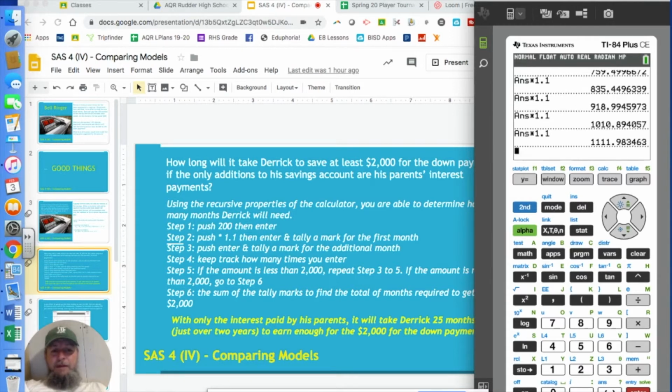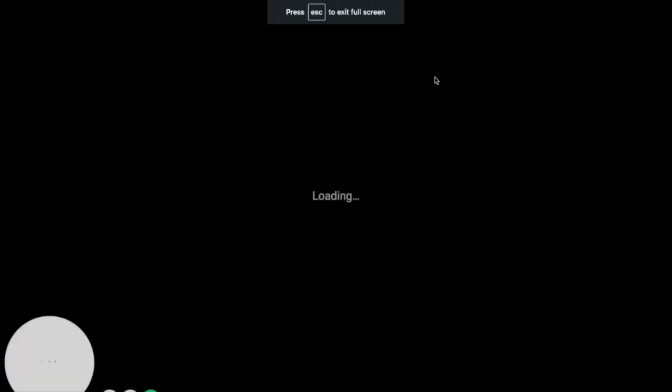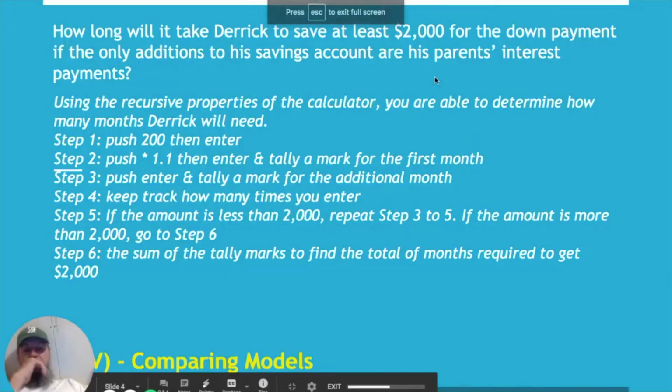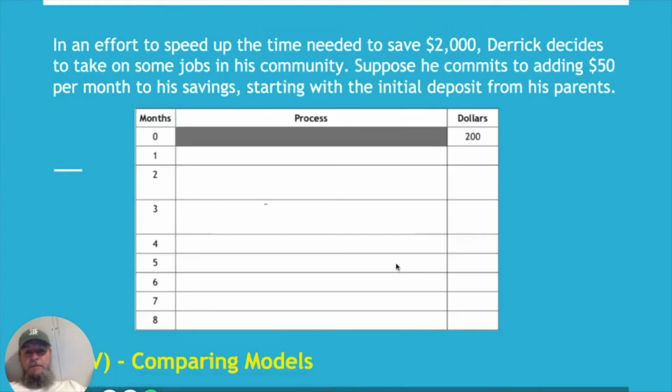So we'll keep going, 18, 19, 20, 21, 22, 23, 24, 25 months. So a little after 24 months, he's going to have $2,000. So with the interest paid by his parents, it will take Derek just over 2 years to have that $2,000. Okay, so that's what it says in my answer.